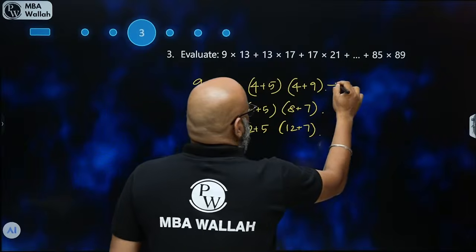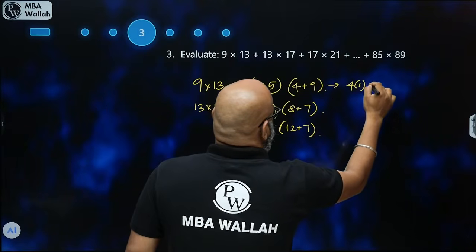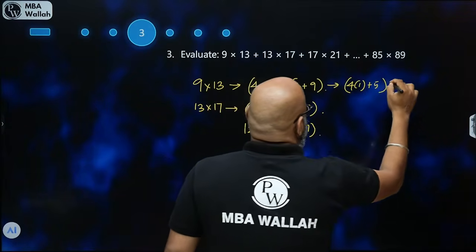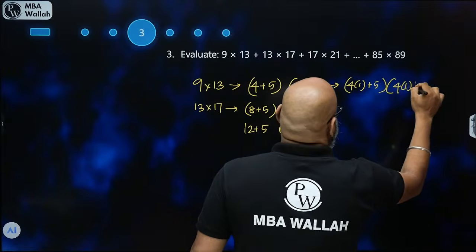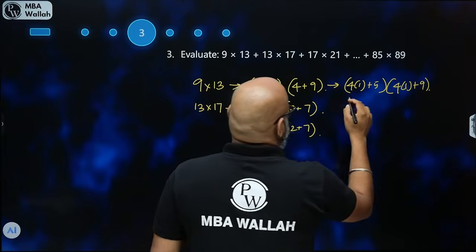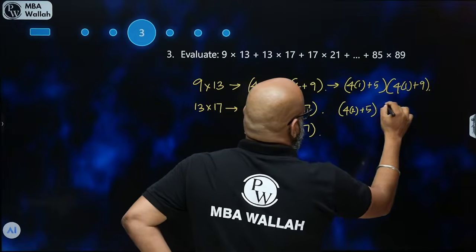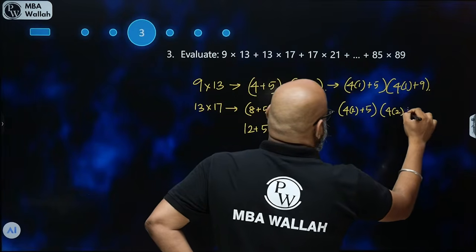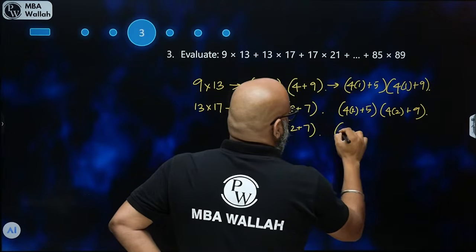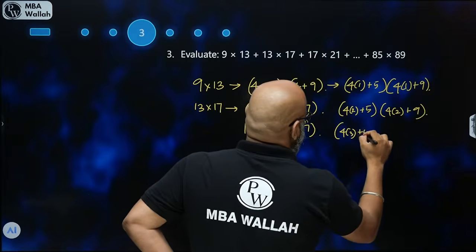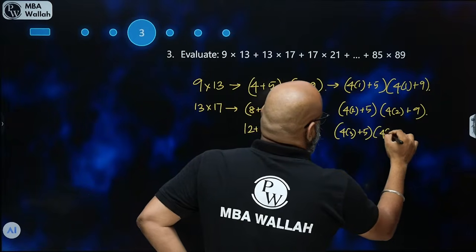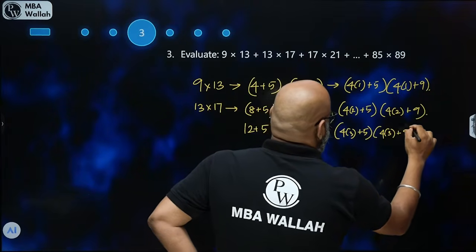Or this I can write it as 4 into 1 plus 5 into 4 into 1 plus 9. This can be written as 4 into 2 plus 5, 4 into 2 plus 9. This can be written as 4 into 3 plus 5, 4 into 3 plus 9.